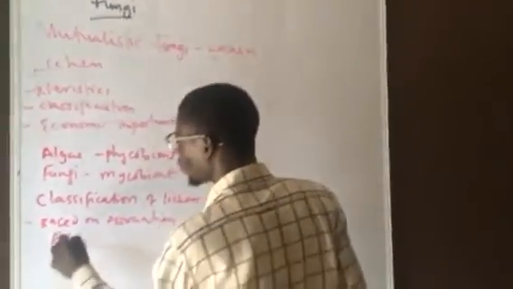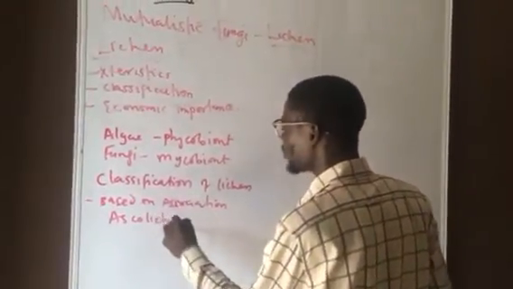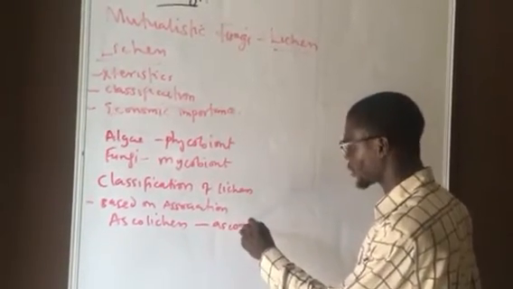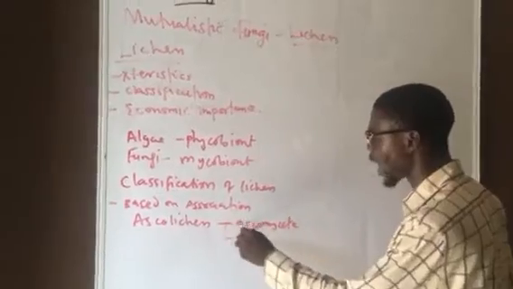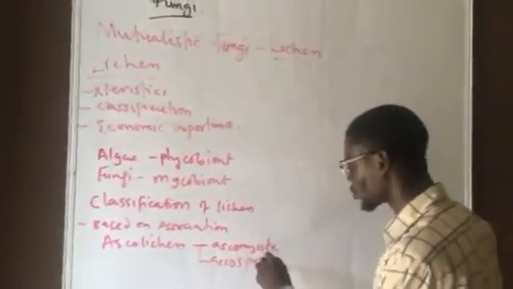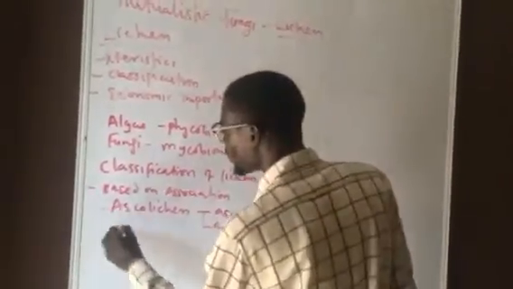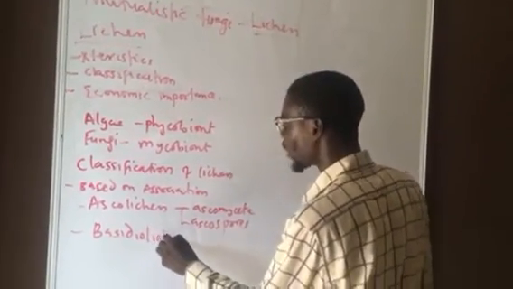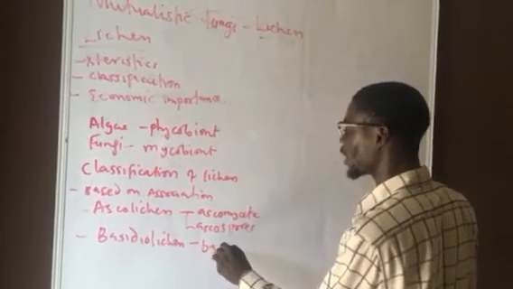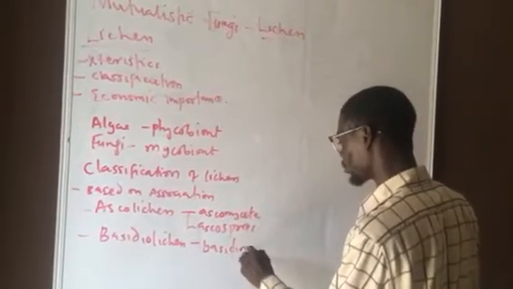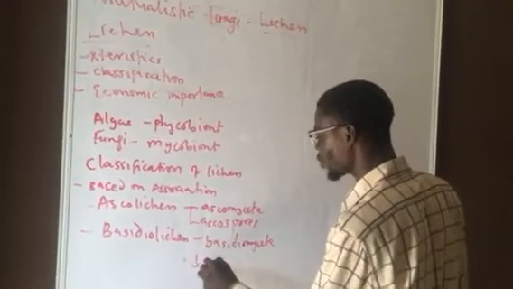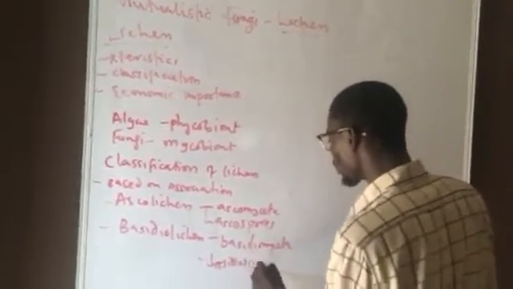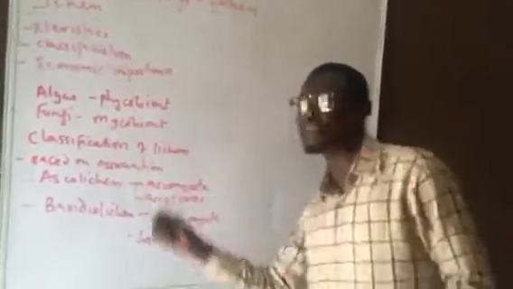So we have ascolichen, which means that the fungi in this association are ascomycetes and they produce ascospores. The other lichen is basidiolichen, which simply means that they contain basidiomycetes and they produce basidiospores. That is classification based on association.